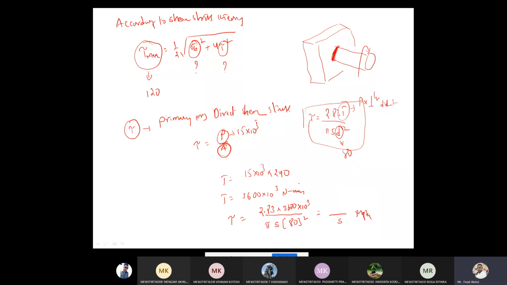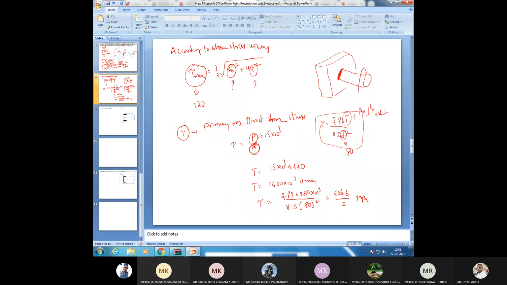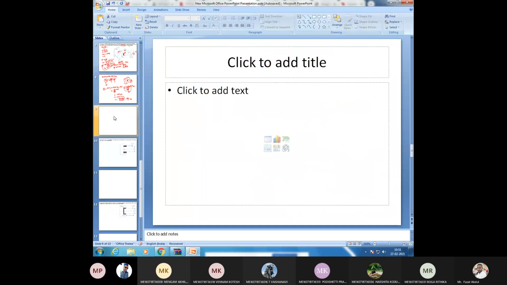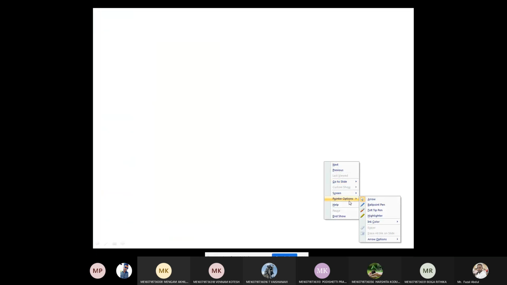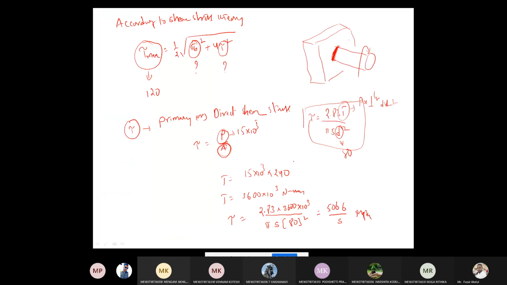Now the shear stress is 506.6 by S megapascal. The primary shear stress we calculated.